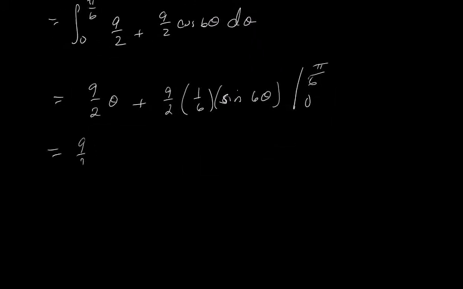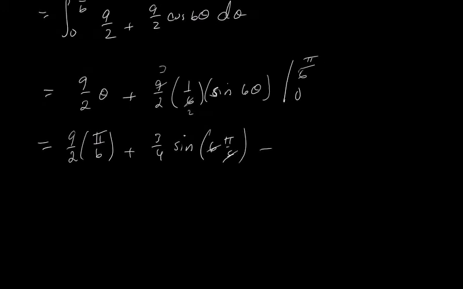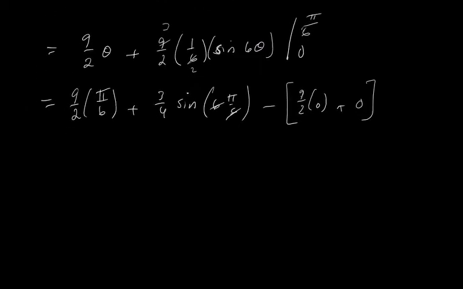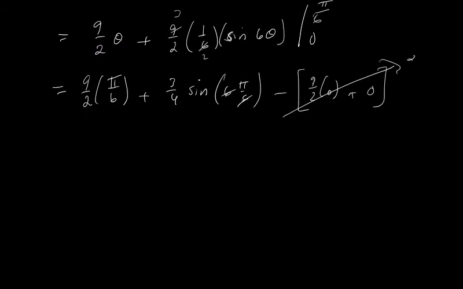So that's going to be 9/2 times pi over 6 plus, I can take a 3 out and I get 3 over 2, so that's 3/4 sine of 6 times pi over 6. So the 6's will cancel, we just get sine of pi. Minus 9/2 times 0 plus, plugging in a 0, sine of 0 is 0. So this whole term is just 0.